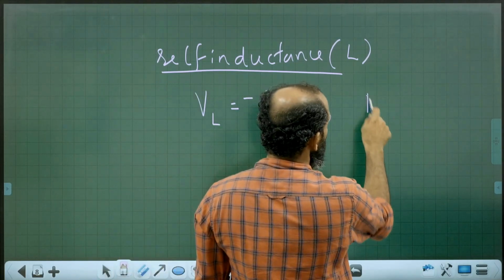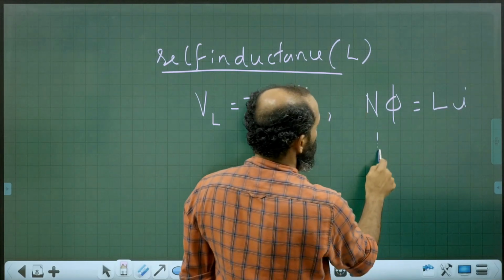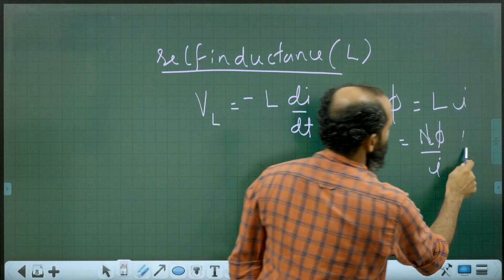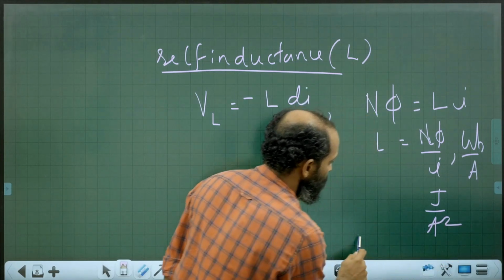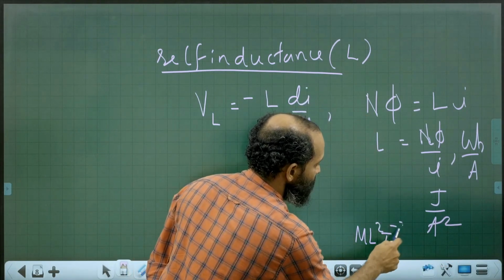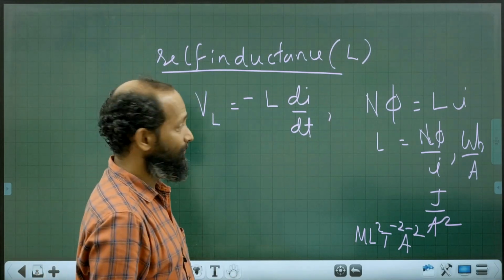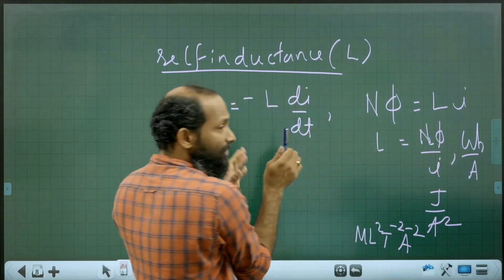The total flux linked with a coil, N phi, is equal to Li, where L is equal to N phi by I. Its unit is Weber per ampere or Joule per ampere square. So dimension is M L square T raised to minus 2 A raised to minus 2. Joule per ampere square, scalar. Inductance depends on only the geometry of the coil.